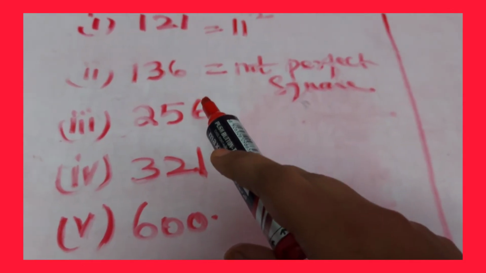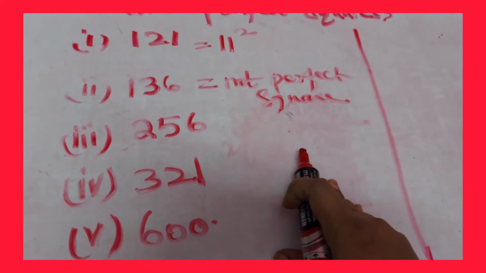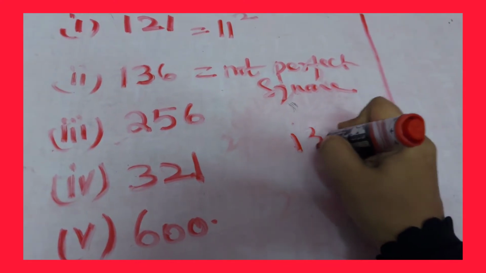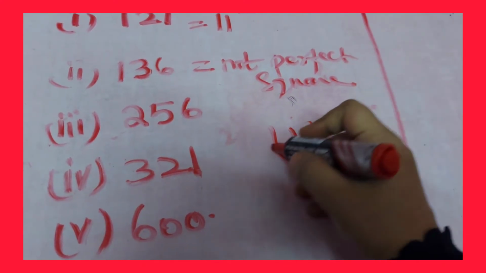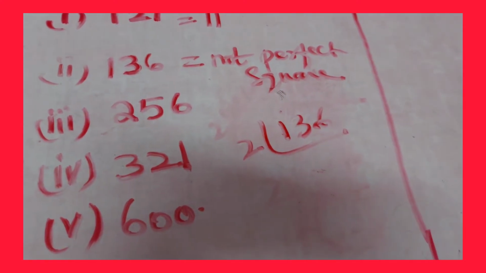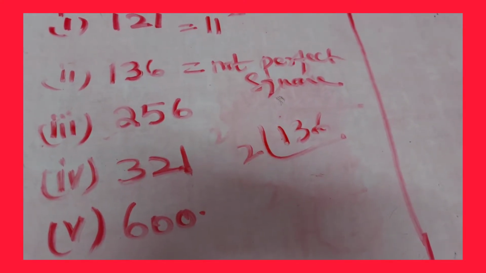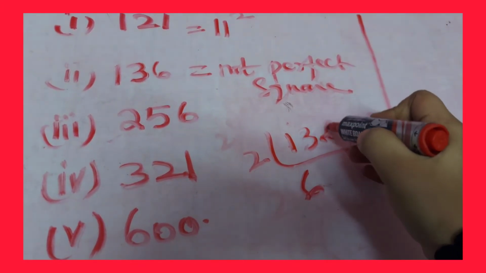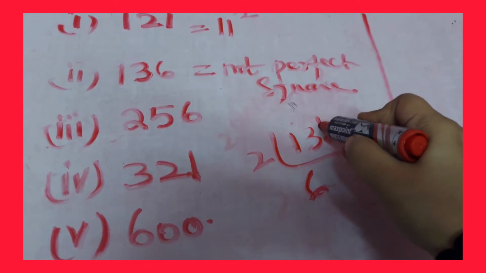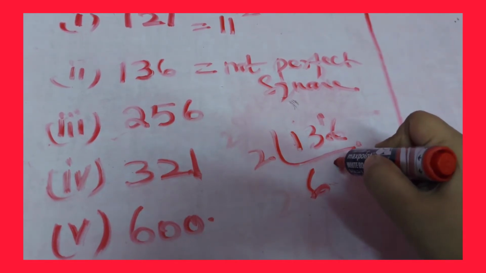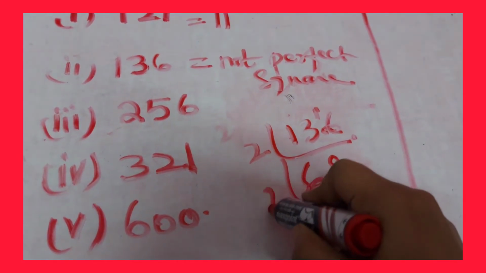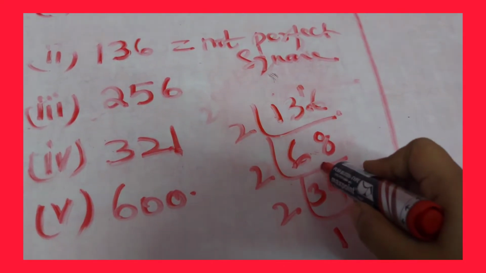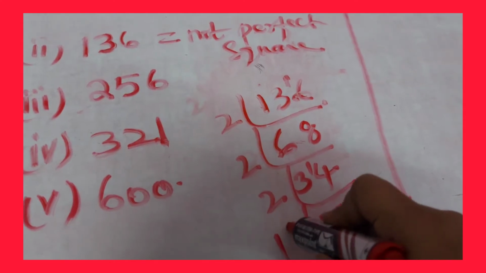So 136. For 136, we'll take 2 as the divisor. 13 does not come in the 2 table, so 12: 2 6s are 12. Here 6 is there, and we have taken 13 here. 2 8s are 16, 2 3s are 6, 2 4s are 8, 2 1s are 2, 2 7s are 14, and 17 ones are 17.